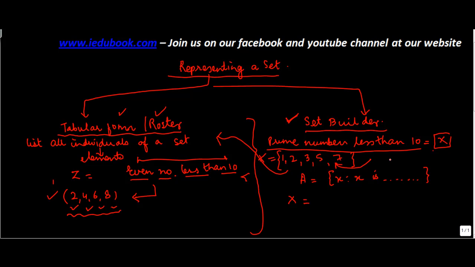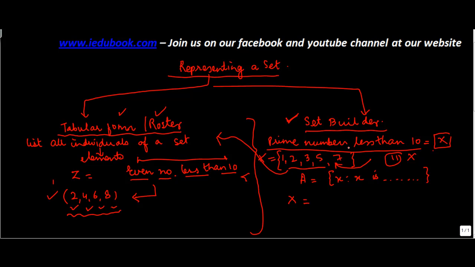So let's say, let's take a prime number 11. Will 11 satisfy this definition, prime numbers less than 10? The answer is no. So there would be no number which is less than 10 which falls outside this set.